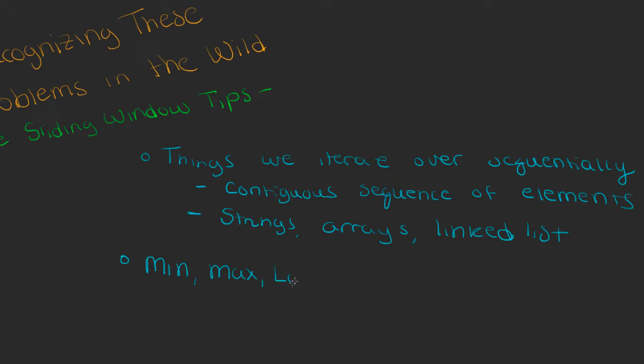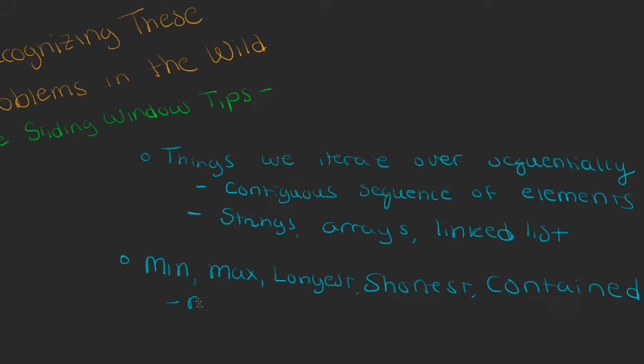If we're trying to find the longest thing, if we're trying to find the shortest thing, or we're just trying to figure out if something is contained within a given string, within a given array, etc. So we're trying to find the min, max, longest, shortest, whether it contains the following characters, etc. And we'll look at a wide variety of examples and also solve all of them today.